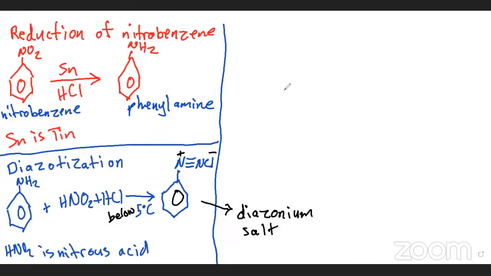So the final reaction now that we are doing is coupling. It is going to be a reaction between our diazonium salt and phenol. When we're doing this one, we draw it sideways generally.